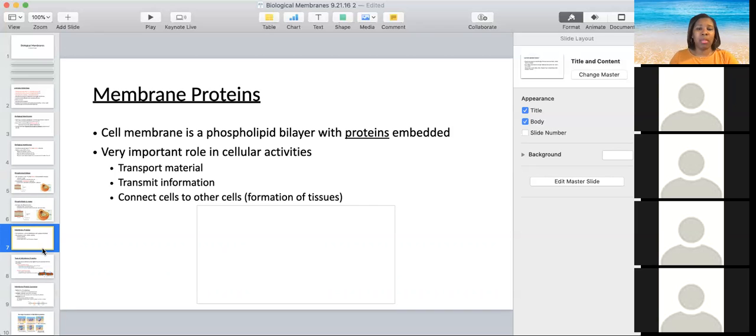And then connections between cells, adherence, the formation of tissues. So cell-cell adherence is going to be facilitated by proteins that are embedded in the cell membrane. All right, so these are some very important roles of proteins that are found in the cell membrane. Go ahead and jot those down.